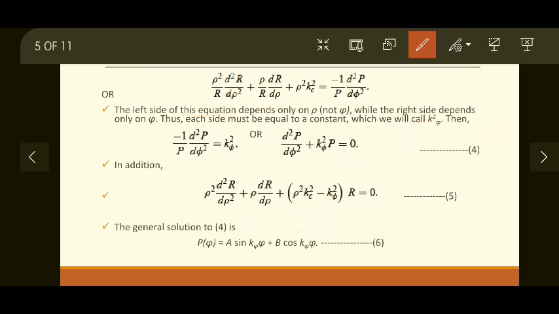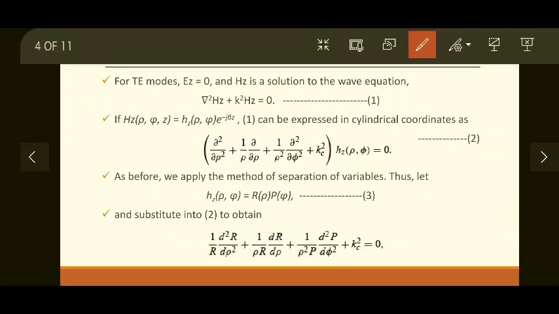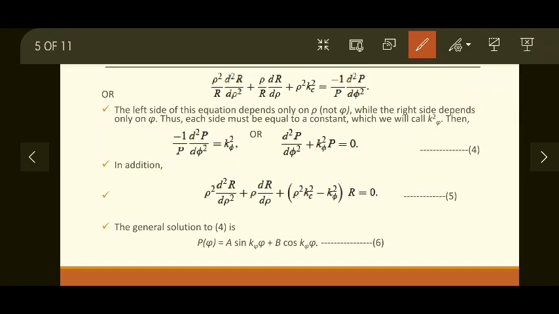Okay, this is the rearrangement. So in addition to this, if we substitute this k phi into the original equation, then it will give this particular equation.